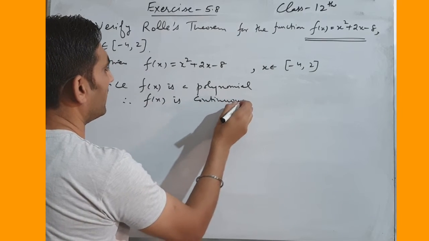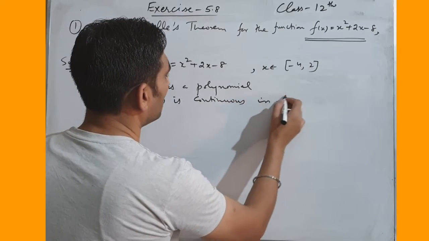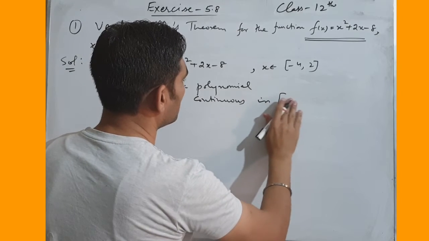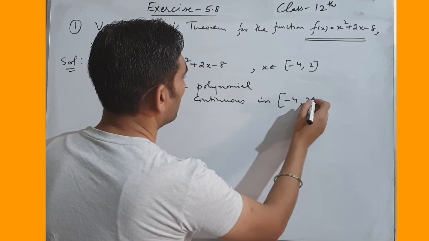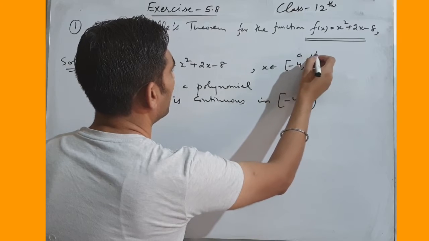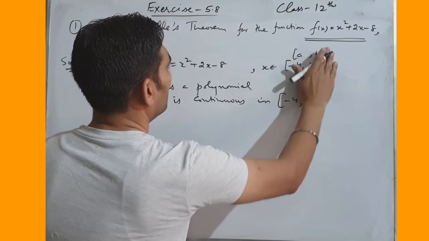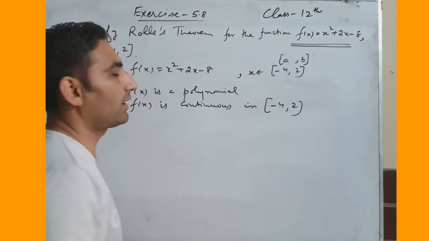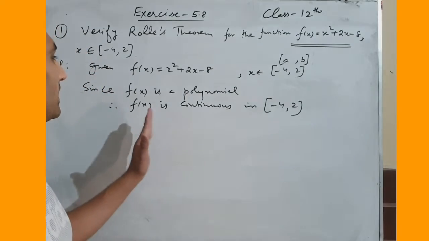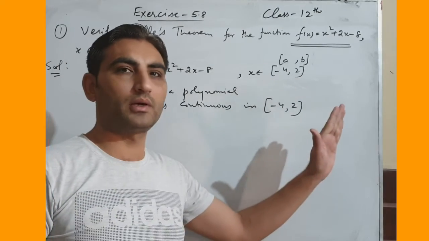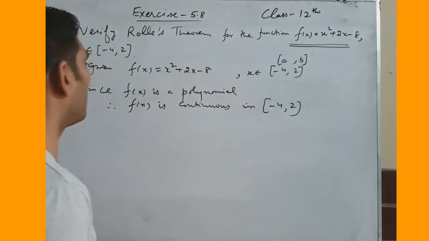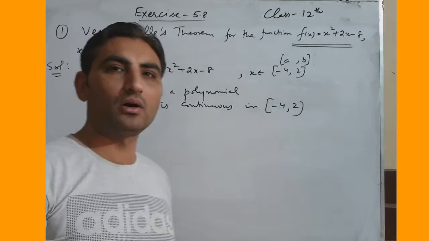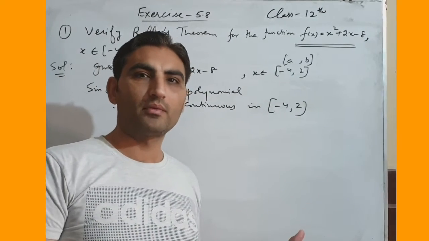therefore f(x) is continuous. And where is it continuous? In the closed interval [minus 4, 2]. See students, they are a and b actually, in the form of closed interval [a, b]. So we proved it is continuous in the closed interval [minus 4, 2]. Now what about its differentiability, will it be derivable?